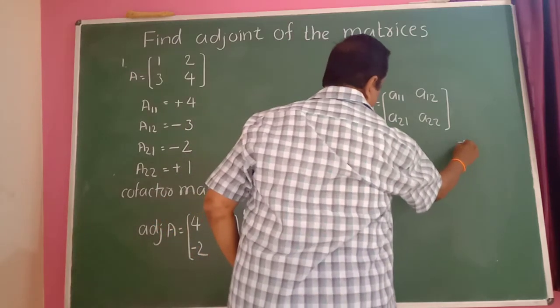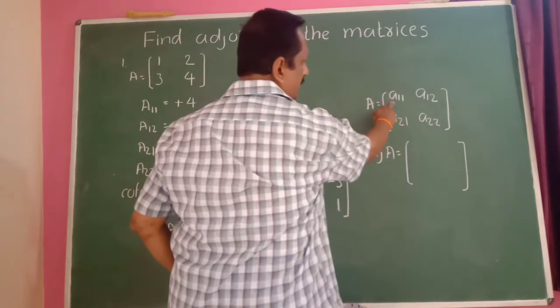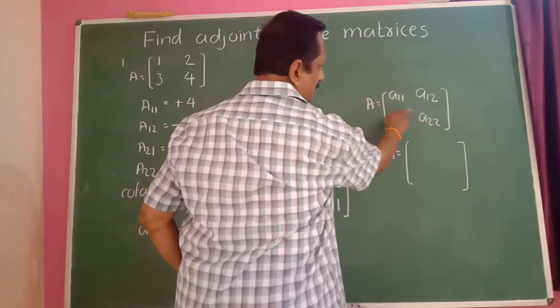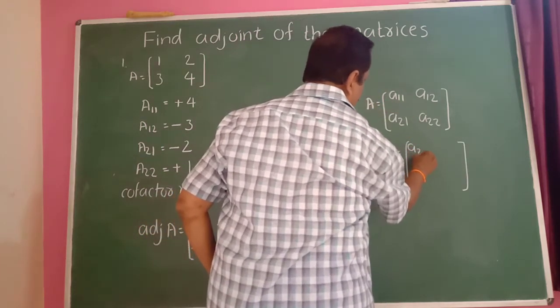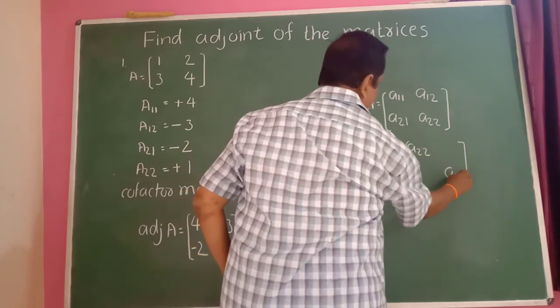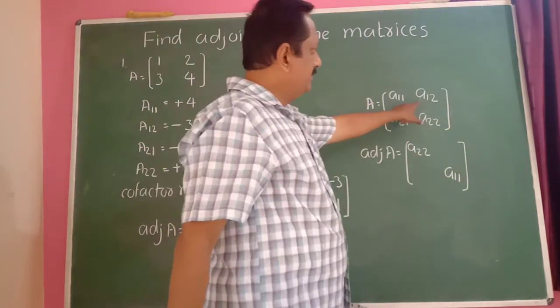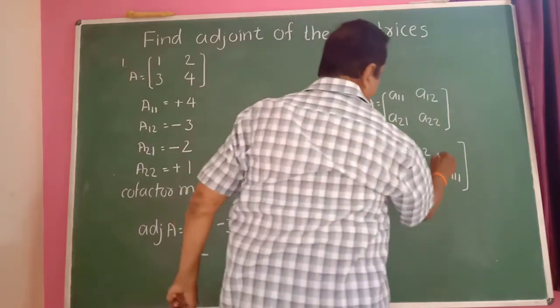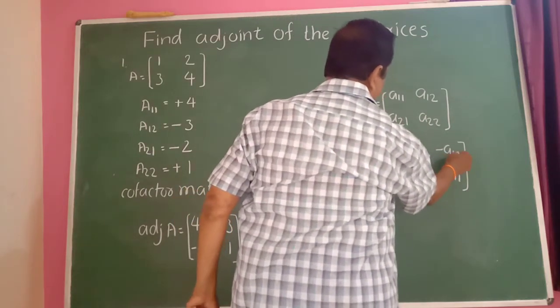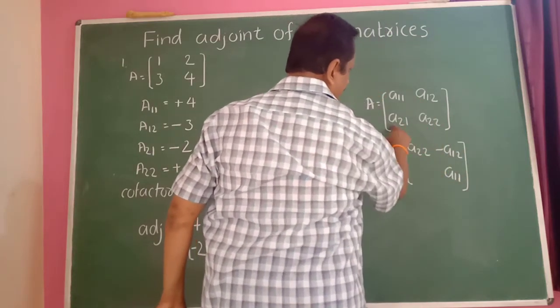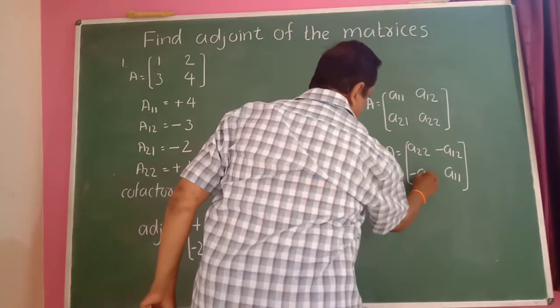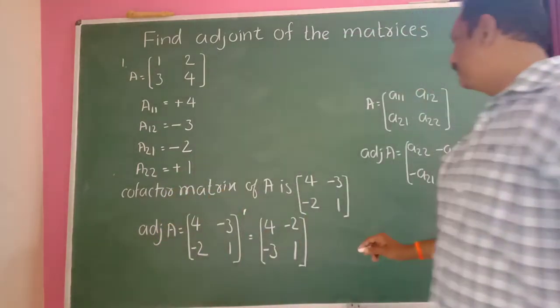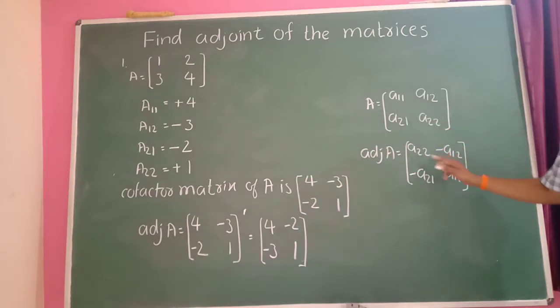Interchange the diagonal elements A11, A22, these are the elements in the diagonal. So write A22, A11 here. And here change the sign of the non-diagonal elements, minus of A12. Plus sign is there, so minus, take care also. Minus of A21.